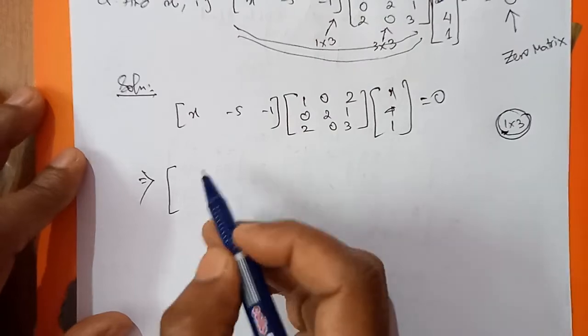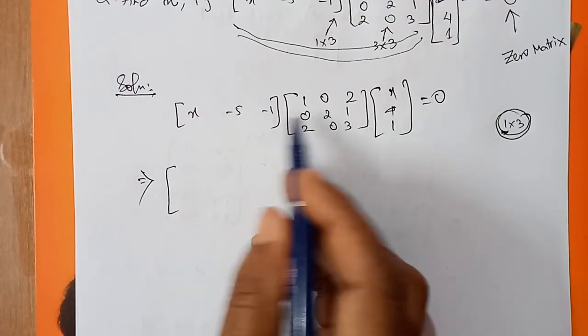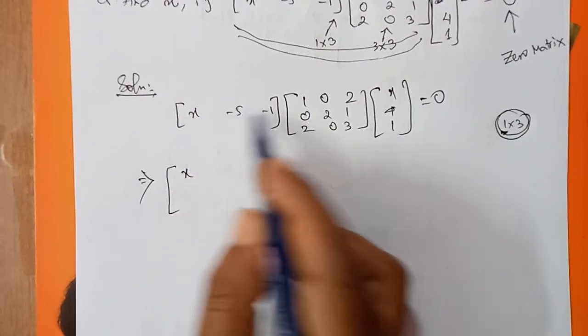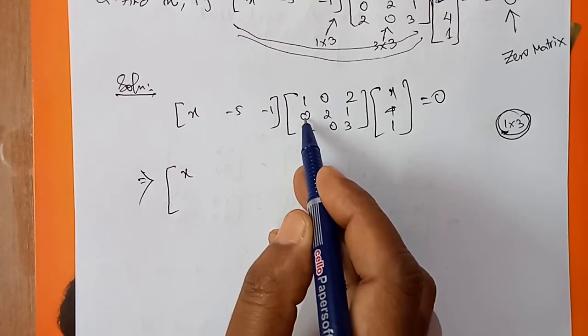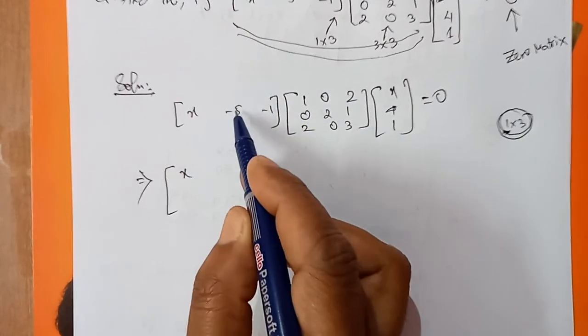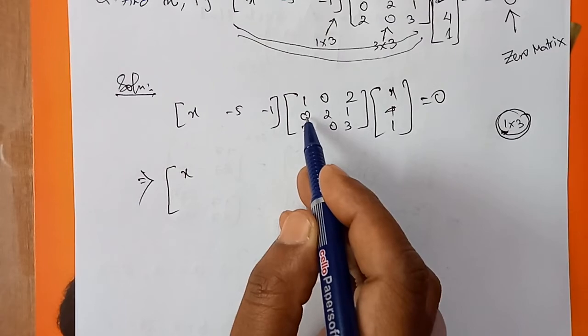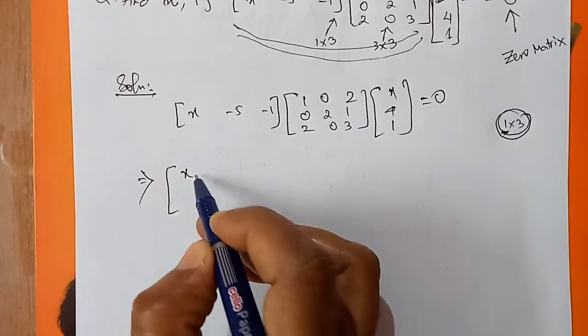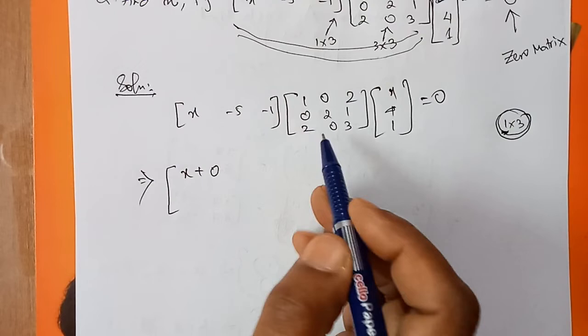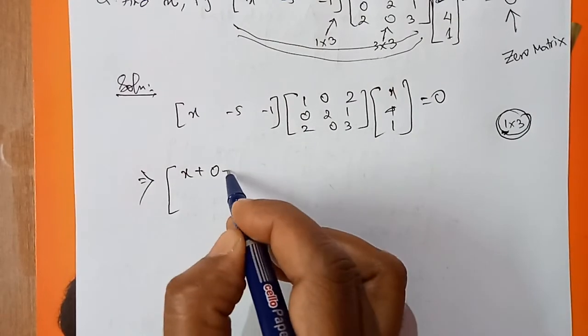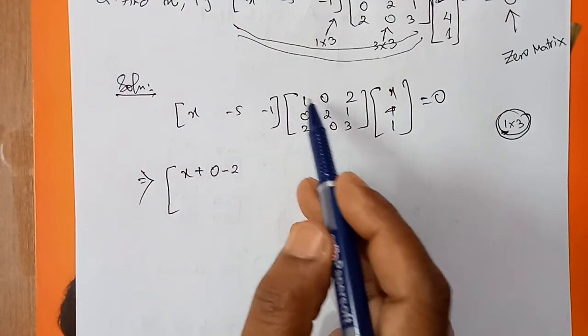Start here. So x into 1, then the second element of the first row and second element of the first column, plus here minus 5 into 0, 0, then third element and third element minus 2. The first row and first column finished.